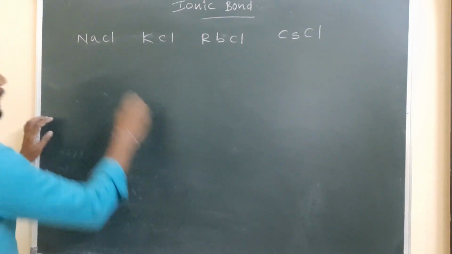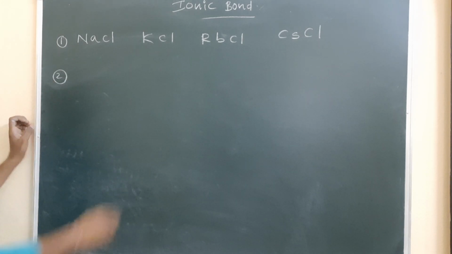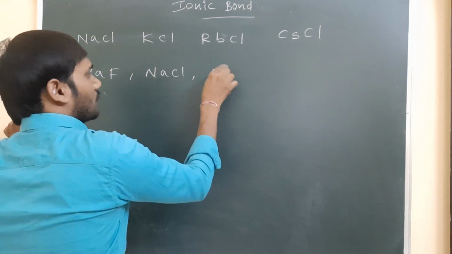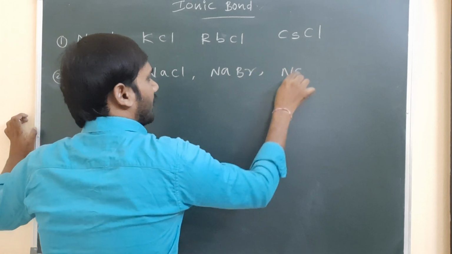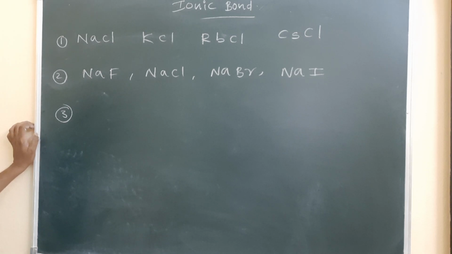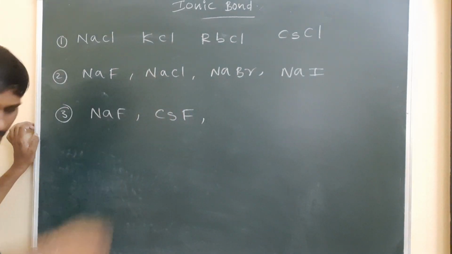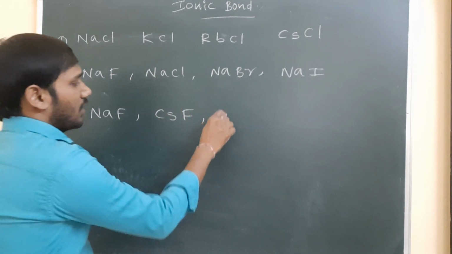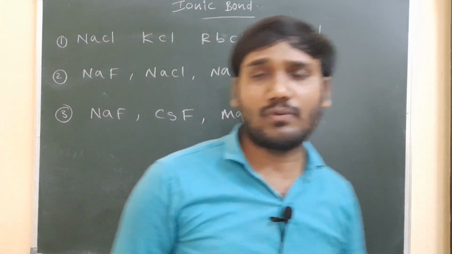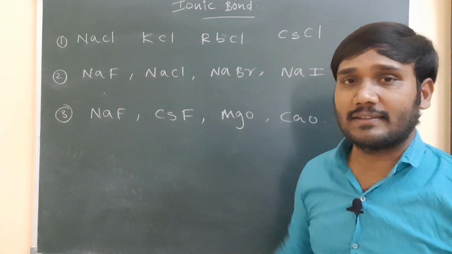The second set: sodium fluoride, sodium chloride, sodium bromide, and sodium iodide. The third set: sodium fluoride and cesium fluoride. Next, magnesium oxide and calcium oxide. Which of these is formed easily? Everything is an ionic compound, because one is a metal and one is a non-metal.